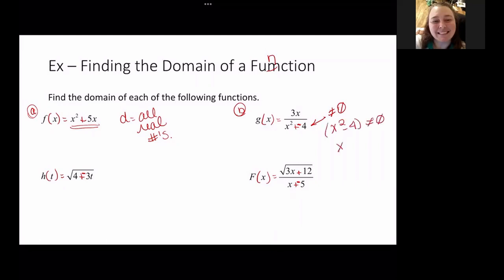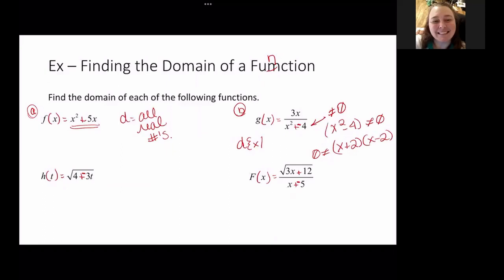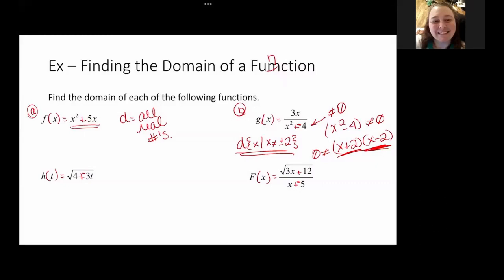So x minus 2 cannot be equal to 0. So this domain is x such that x cannot equal plus or minus 2. Because plus or minus 2 comes from here. It cannot be equal to 0 because it is in the denominator.